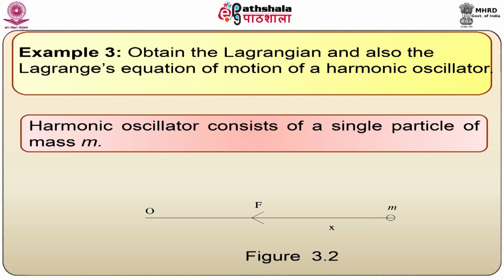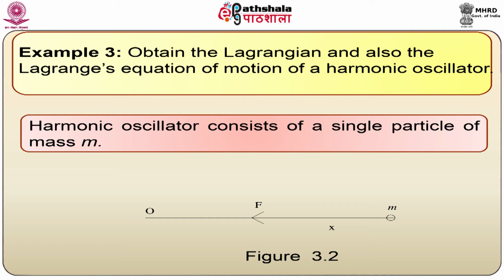From figure 3.2, one can find that this is the position of the particle having mass m, whose distance from the fixed point O is x. Capital F is the force acting on the particle, which is directed towards the fixed point O.